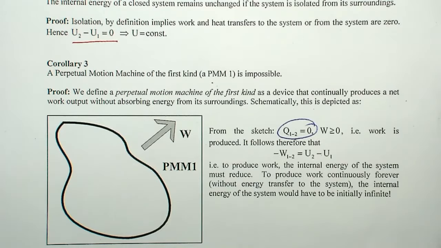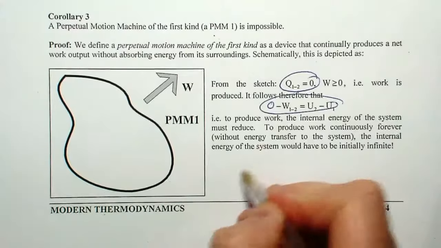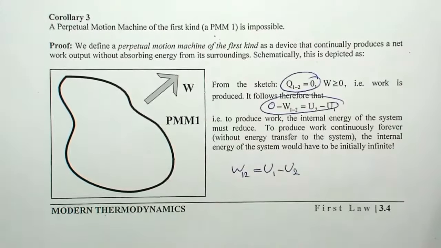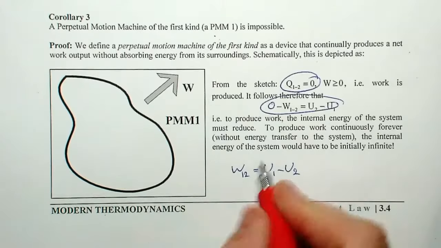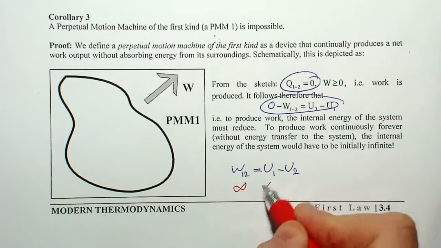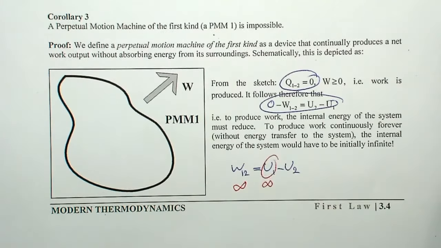And when you look at the first law and the equation that we've seen so far, we have 0 for Q minus W12 equals U2 minus U1. Now, if I rearrange this equation, W12 is U1 minus U2, and if I know that W12 is really just infinity because it has unlimited amounts of work, then U1 has to be an infinite source of energy as well.